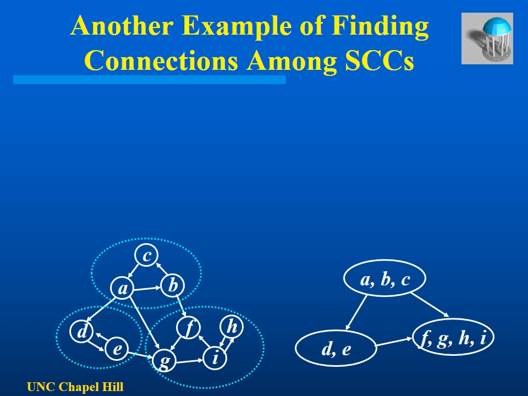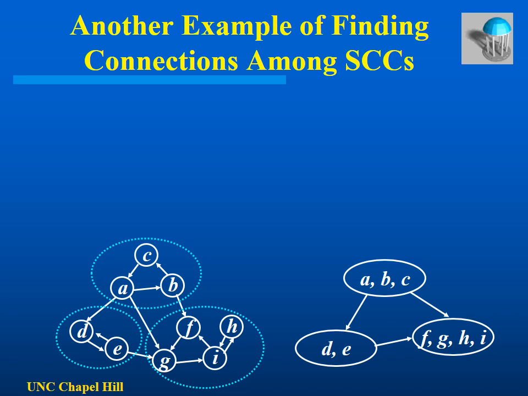Here's another example of finding connections among the strongly connected components. So in the process of dealing with this graph, we will have found the strongly connected components ABC and DE and FGHI, respectively.